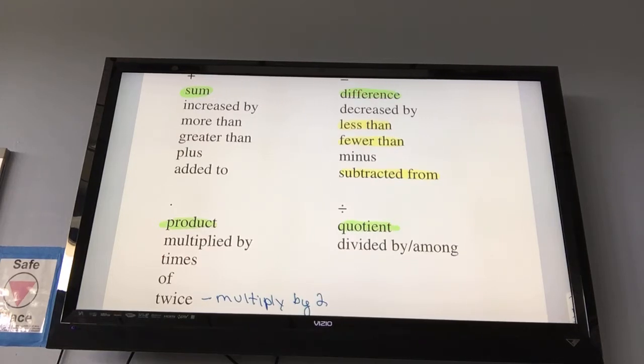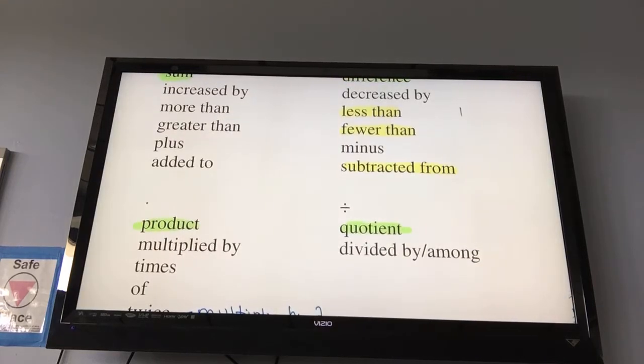You do know it's subtraction, but the number or variable comes second. And I'll do one of those so you understand what I'm saying by comes second. But when you see less than, fewer than, or subtracted from, that means that number or variable is going to come second. You don't start with it, it comes minus whatever that number or variable is.